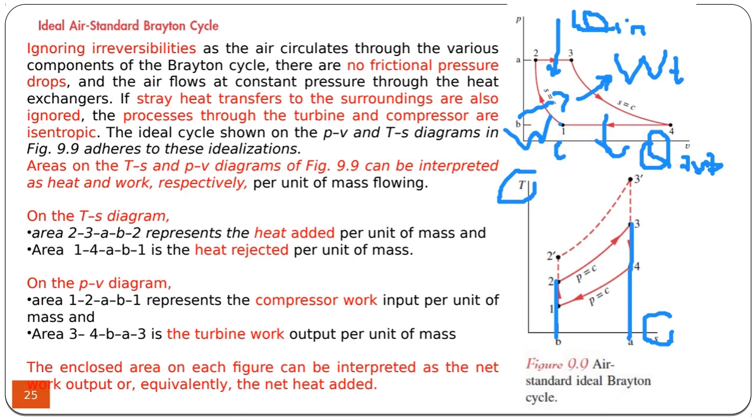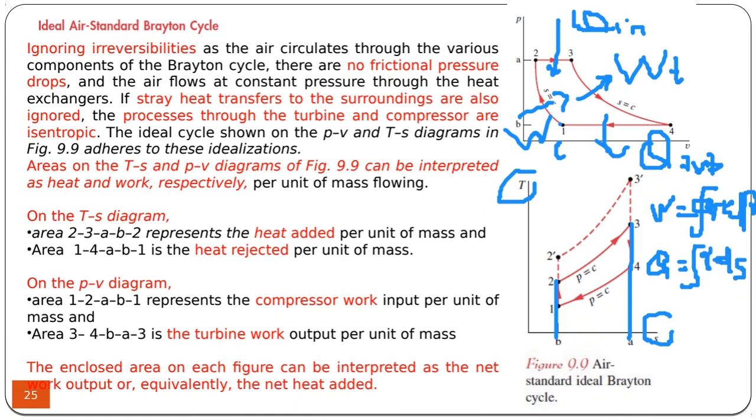And as always, because it's an open system, the net work is obtained from VdP, not PdV, because it's an open system, open cycle. In an open cycle, the net work is calculated from VdP, not from PdV, and the net Q is always the integral under the TS diagram.